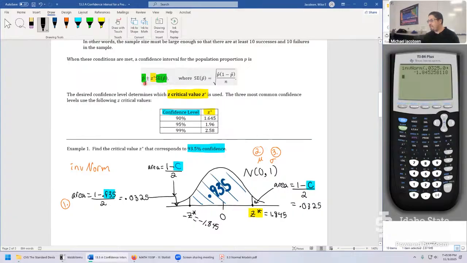But if you're going to give an answer that says, what is the critical value? Most people would just report the positive value. So let's say here, the critical value is z star. We typically report the positive, 1.845.